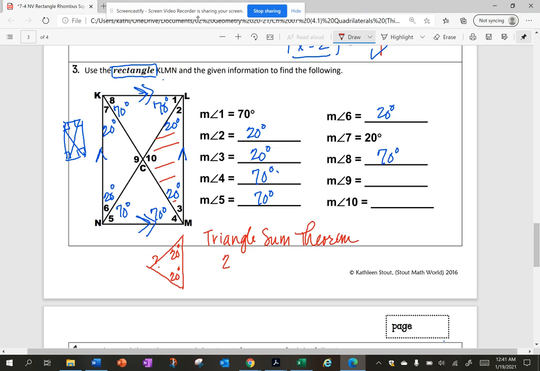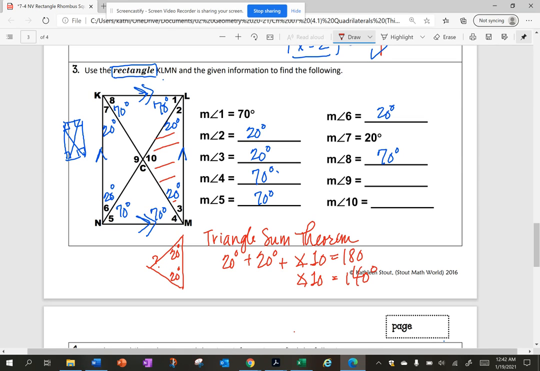So I'm going to add my 20 degrees plus my 20 degrees plus my angle 10. And I know they total 180. So 20 plus 20 is 40. So 180 minus 40 is going to be 140 degrees.